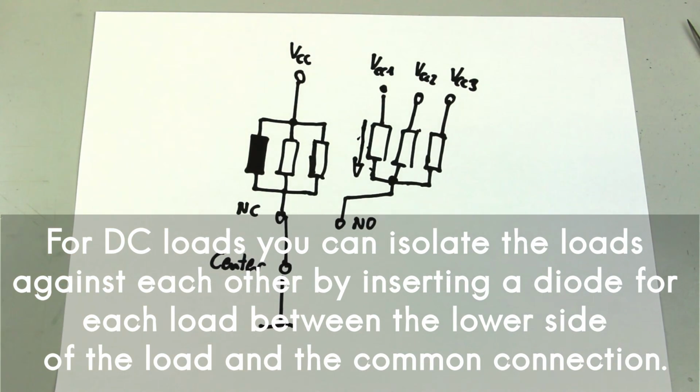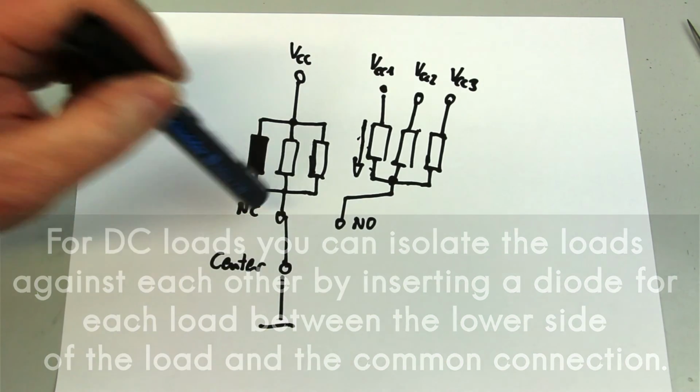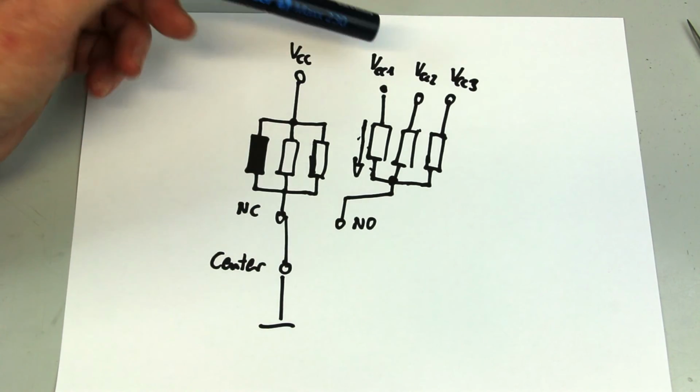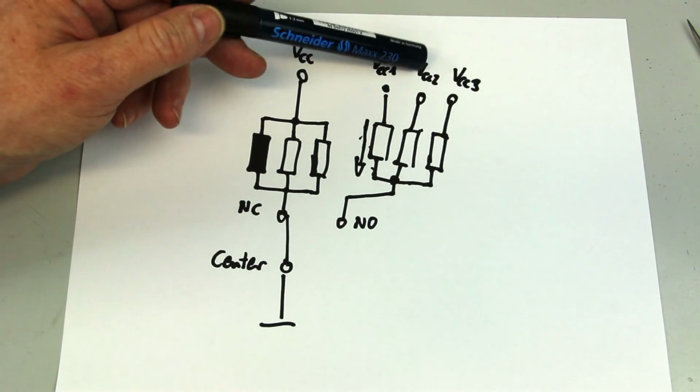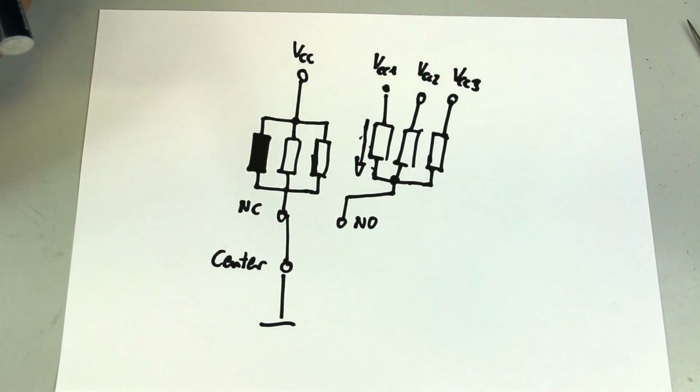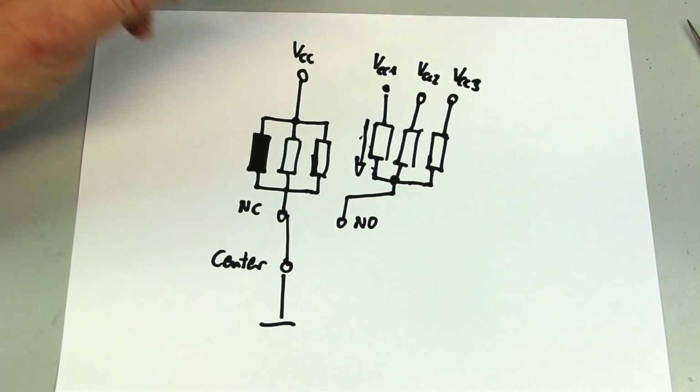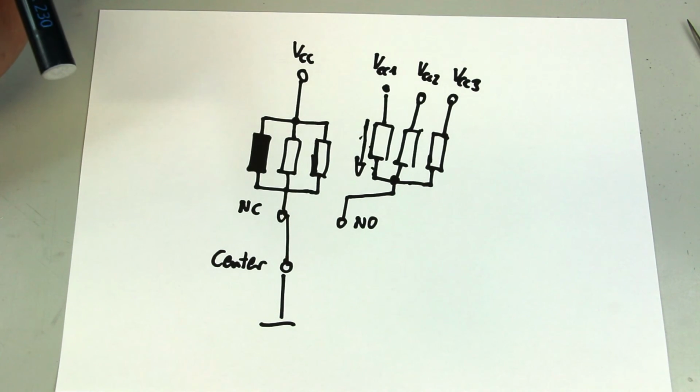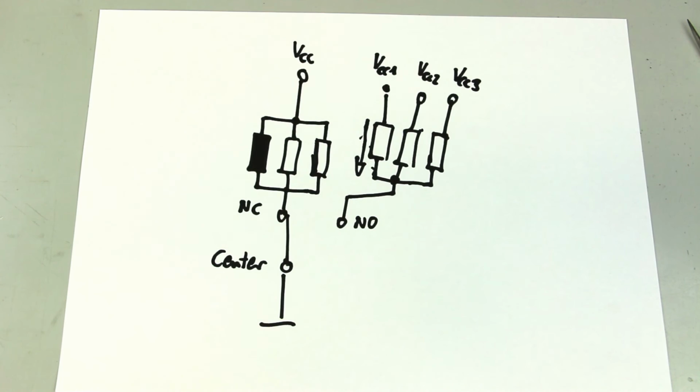But at least it's a possibility to switch loads in parallel with only one contact, which are even at different supply voltages. So this is something for the specialists, but a neat little trick to give one relay contact even more possibilities than only switching one load.